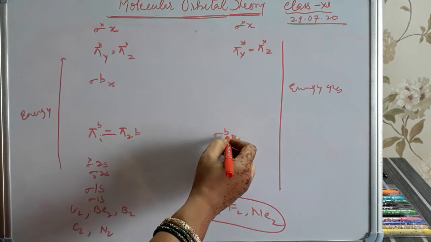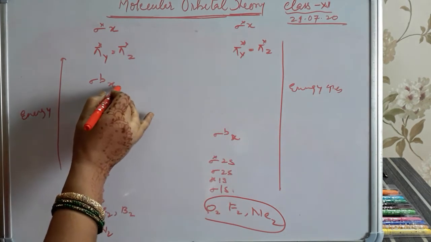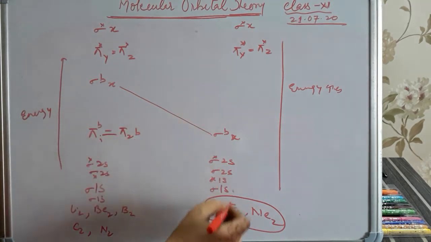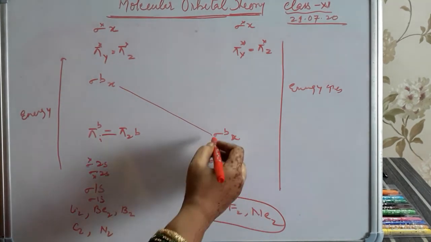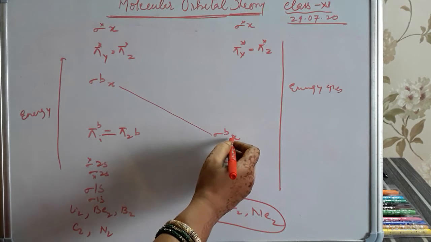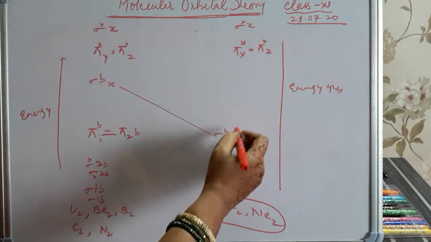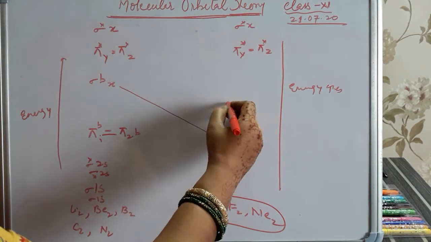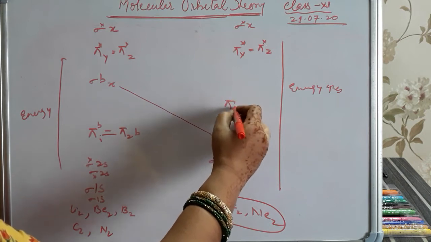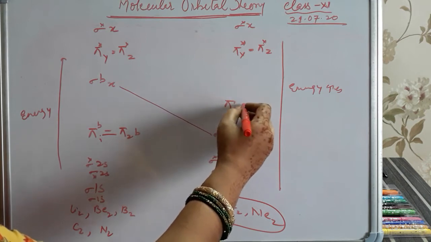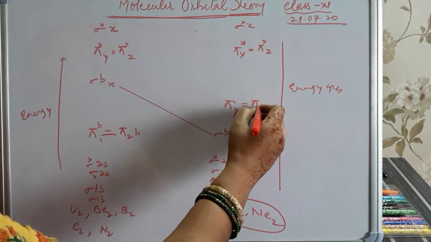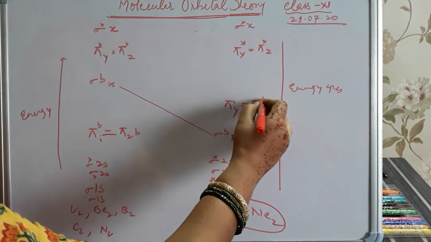So first we fill the sigma. See here, in the case of oxygen, fluorine, neon, the sigma bonding x orbital is filled first, and after that we fill pi y and pi z.